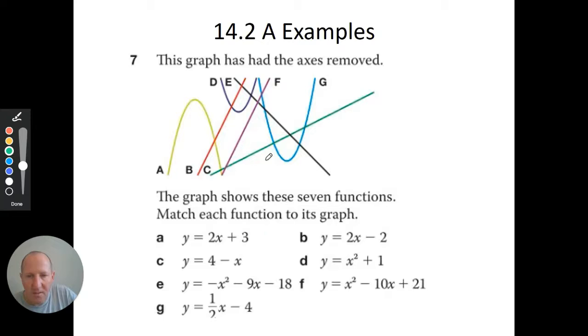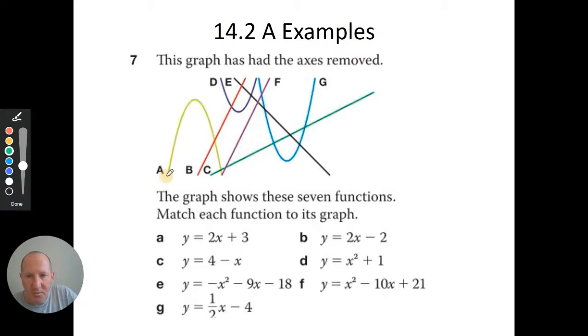Okay, that only leaves us one more straight line, that one there. So that must be a gradient that is less than 2. If we look through there, we've got a half x. So that's a smaller gradient going through at minus 4, so that fits in, it's going down a little bit lower. Now that just leaves us with 1, 2, 3 quadratic graphs to look at.